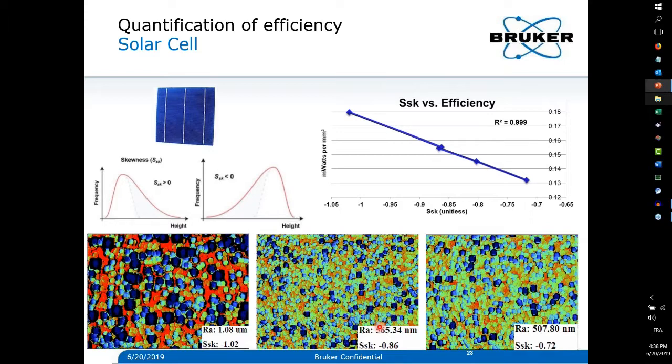To continue with really light interactions, we can use a parameter called skewness to quantify the efficiency of solar cells. The solar cells are made from polysilicon surfaces, and skewness tells you how much the height distribution is skewed toward peaks or valleys. So a perfectly centered distribution will be 0.